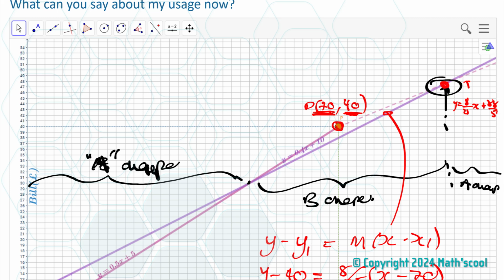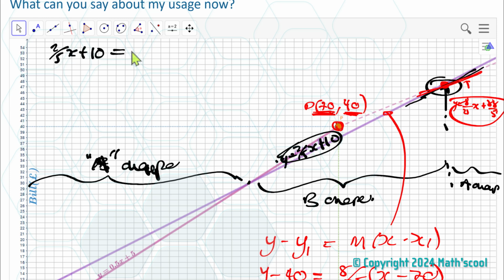And this point here is when this line here, and we know that equation, it's y equals 2/5 x plus 10, meets this line here, which is that equation. So I can just do a little bit of simultaneous equations. I can do 2/5 x plus 10 equals 8 over 25 x plus 88 over 5.